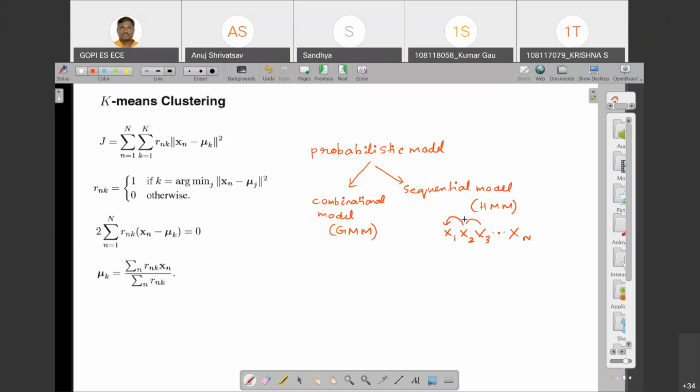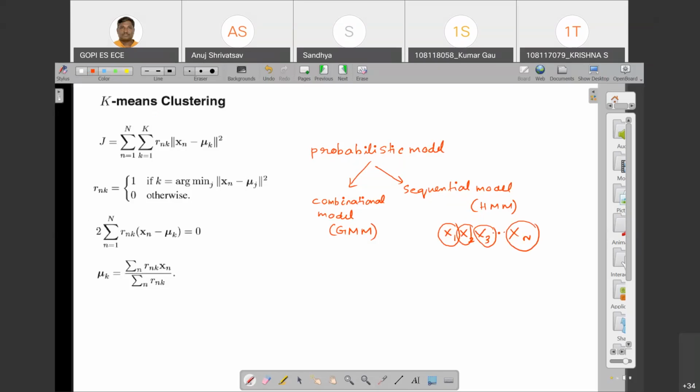That information is also taken into account in the probabilistic model in the sequential case. But in the combinational case, the vectors generated from the model are totally independent of each other. So in that case, this becomes very simple. The vectors x1, x2, everything is generated independently.